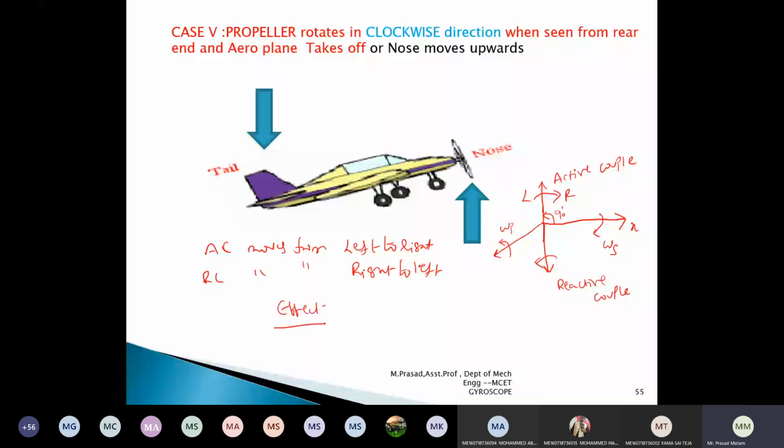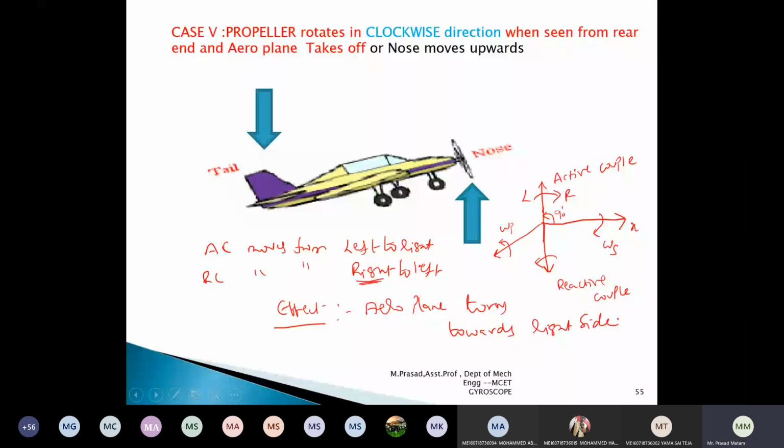Aeroplane turns towards the right side here. Where does the reactive couple start? Reactive couple starts from right side, means aeroplane turns towards the right side. This is the gyroscopic effect we can see.